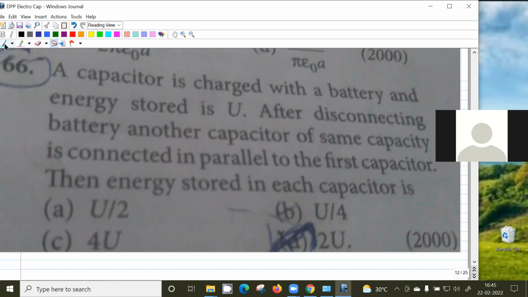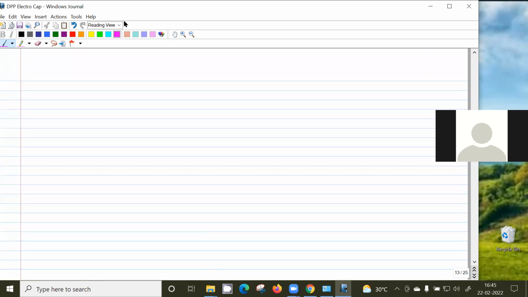Try to solve it. So this is the initial condition. The capacitor will be charged to V. So the final thing is two capacitors, same capacitance value.